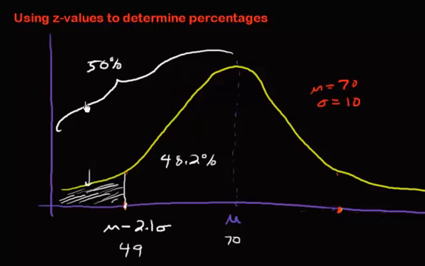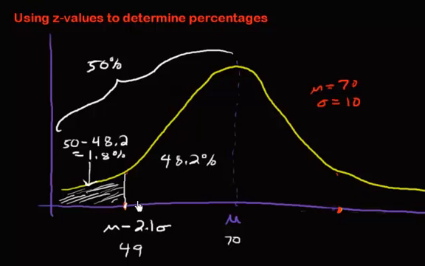So if this entire side is 50% and this is 48.2%, how do we find this region right here? You would just take 50 minus 48.2, and that equals 1.8%.